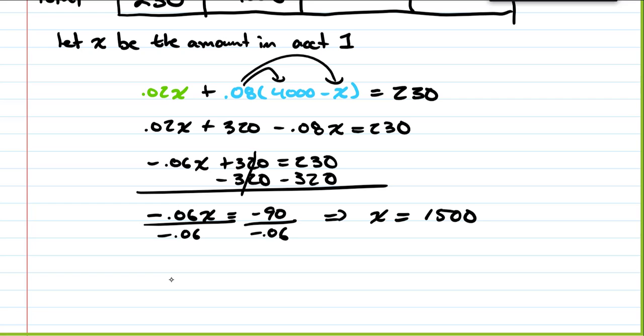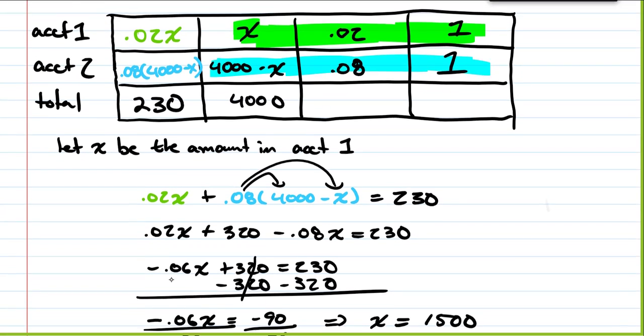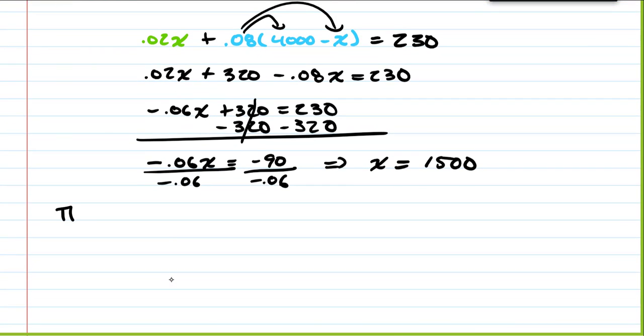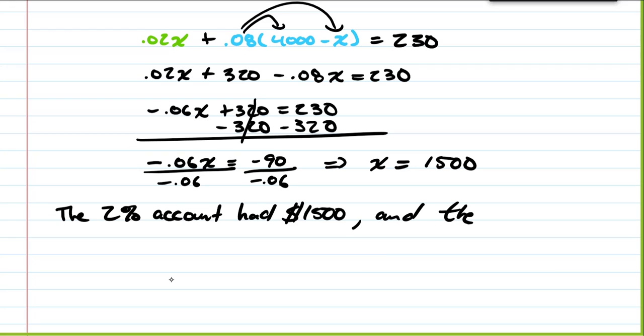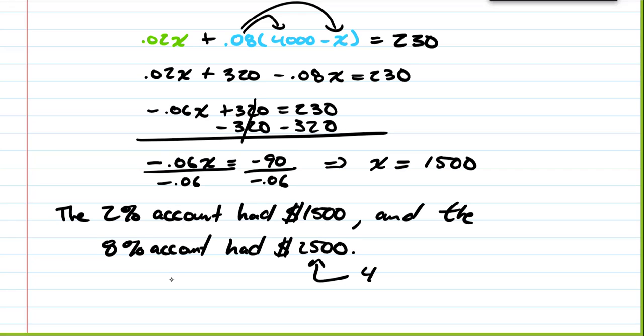So if X was the amount in account 1, and account 1 was the 2% account, then the 2% account had $1,500, and the 8% account had 4,000 minus 1,500, so that's going to be $2,500. And this, once again, was the 4,000 take away the amount that was in account 1. So then that would be the amount in each of our accounts.